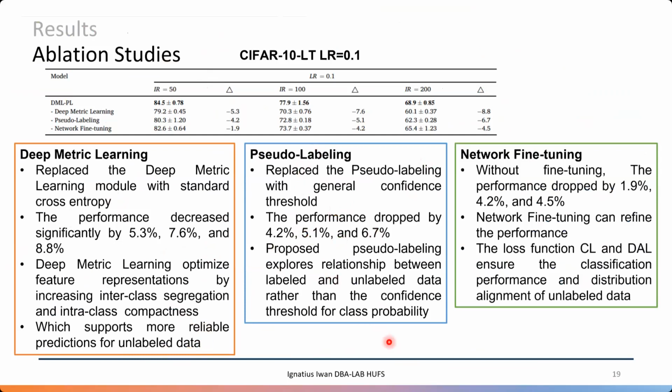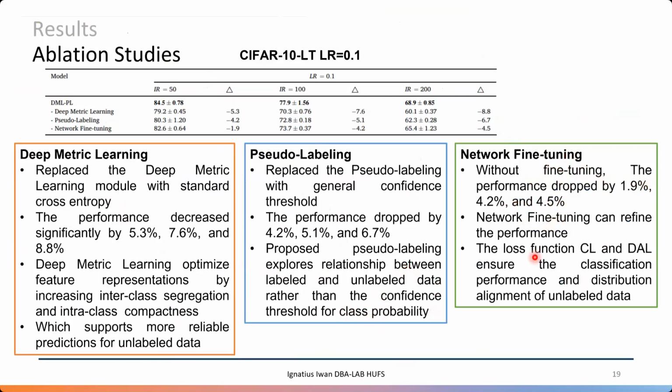So the proposed pseudo-labeling explored the relationship between the labeled and unlabeled data rather than the confidence threshold for class probability, which results in better prediction for the minority class. And for the network fine-tuning, we can see that without the fine-tuning, the performance dropped by 1.9%, 4.2%, and 4.5%. So the network fine-tuning can help to refine the performance.